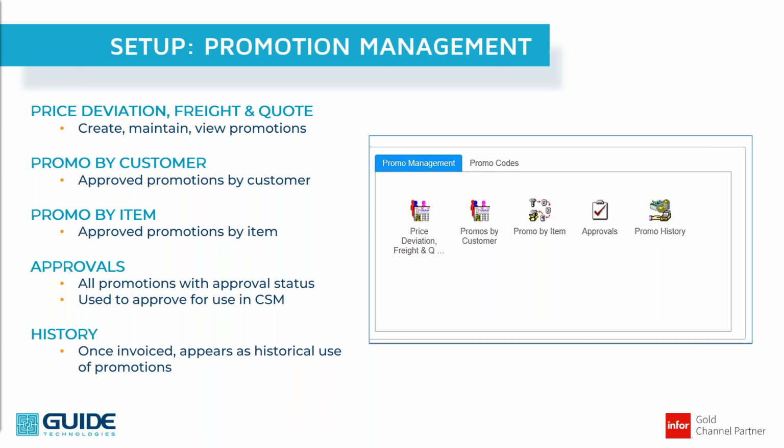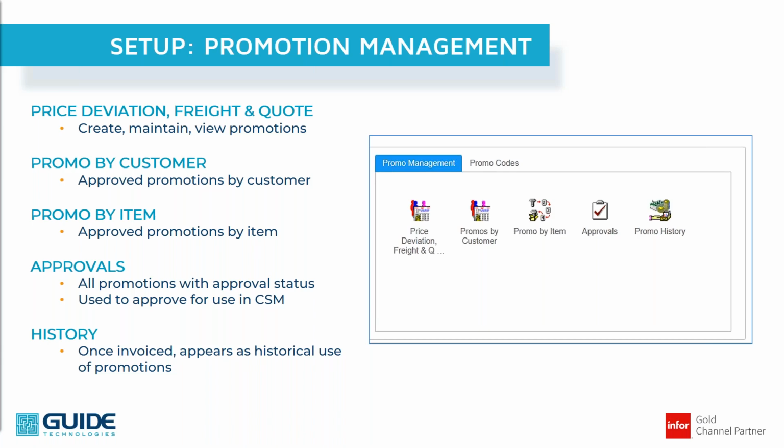I do have a separate object for approvals. Now we can access approvals right from the price deviation object, but we can access it as its own object. So if I am in charge simply of approving promotions from a sales perspective, I don't have to go into the promos. I can just go right into the approvals and see them. And we also have a promotion history object.